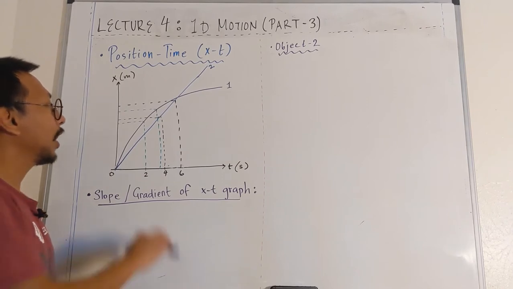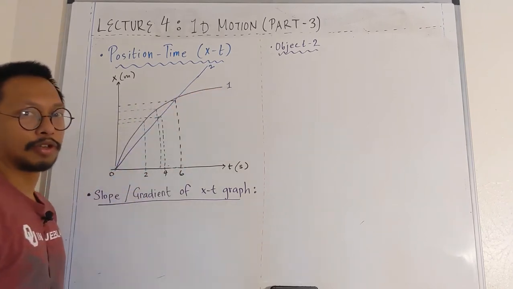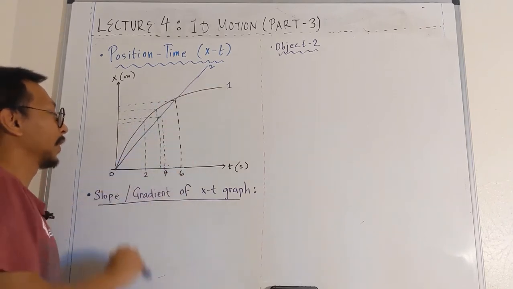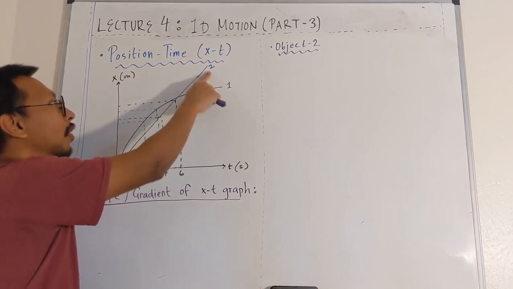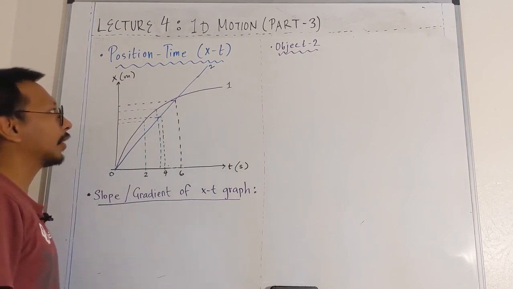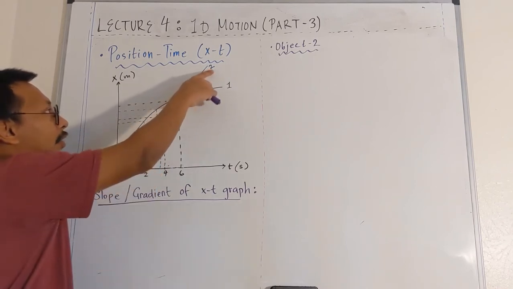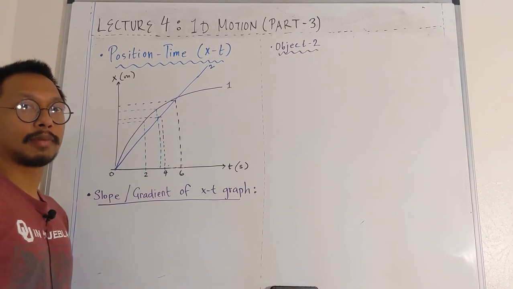Okay, so we have two objects, say two people moving. We denote the purple curve by 1, so person 1, and we denote the blue line or blue graph by 2, so the second person.